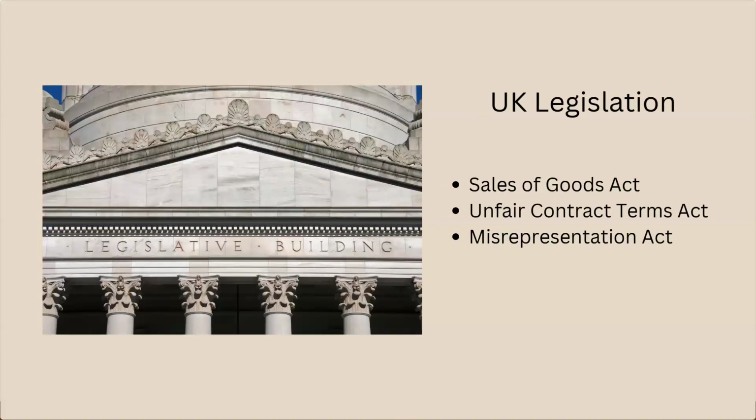Here, you also need to understand a few key UK legislations on contract, because we are studying implied terms, and there could be questions about implied terms as well. So there are three legislations that you need to read. First, the Sale of Goods Act 1979, the Unfair Contract Terms Act, and the Misrepresentation Act.